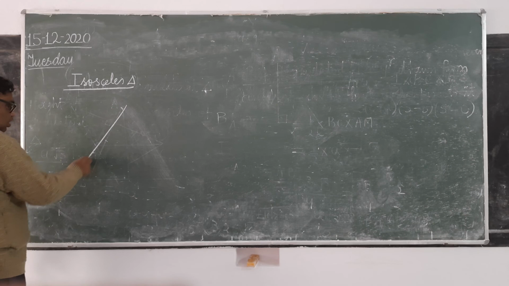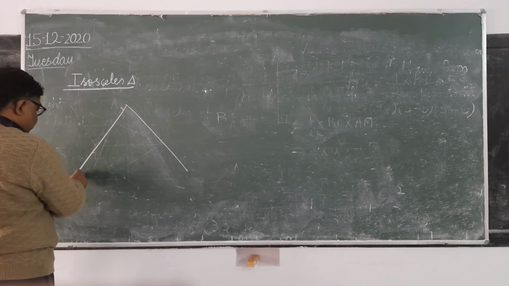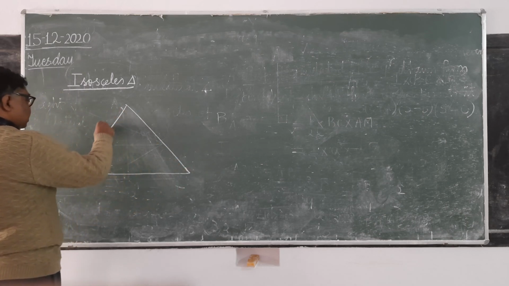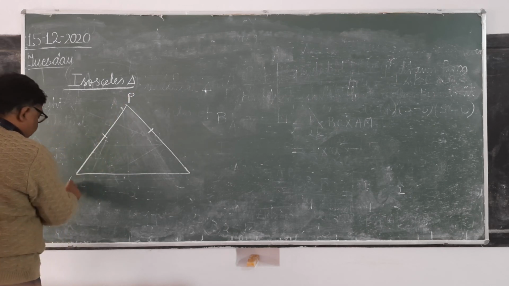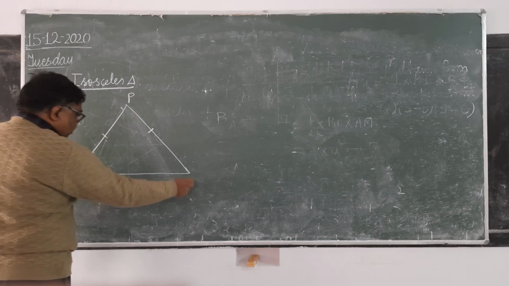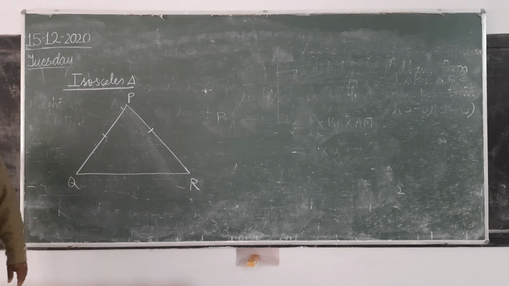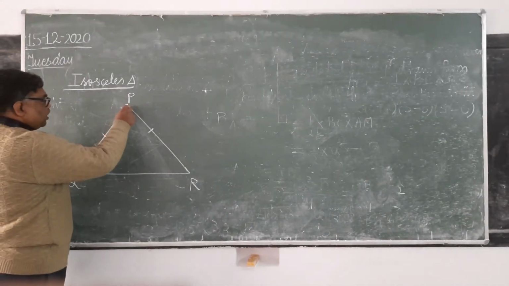now see here. Here these two sides are of equal length. P, Q, R. And this is of unequal length. 8, 8, 10. It's clear? So this point will be taken as vertex.